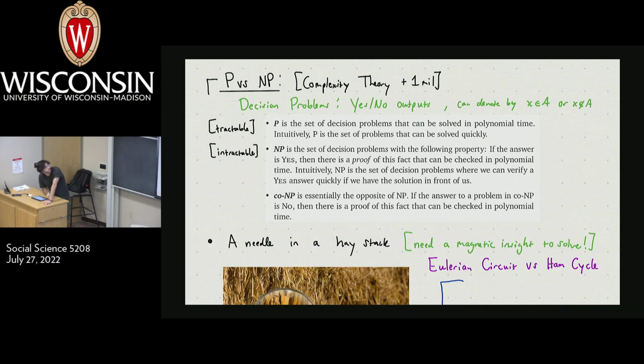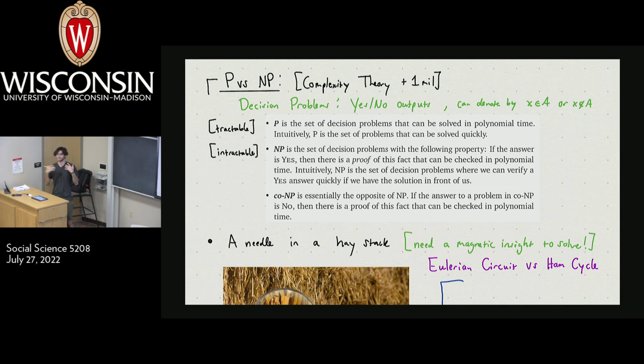So what is P and NP? Now we're going to consider decision problems. These are problems with yes or no answers. The circuit SAT problem is a yes or no problem. It says, does there exist a setting of the input variables so that the output is 1? You don't actually have to compute the setting.